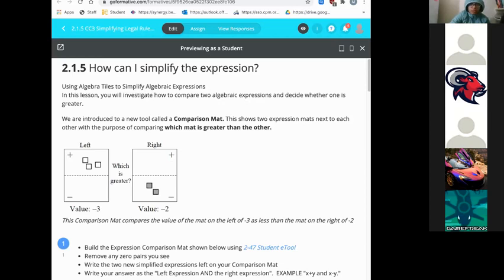The values are -3 and -2. If you write those on a number line, which one is bigger? I think I can write on here, so I'm going to try to annotate this part. Here's my number line.